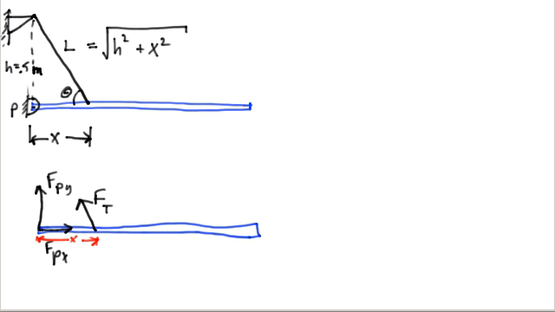Yeah, then it doesn't look like this really labels that vector up there, so let's see if I can fix that. FPX.